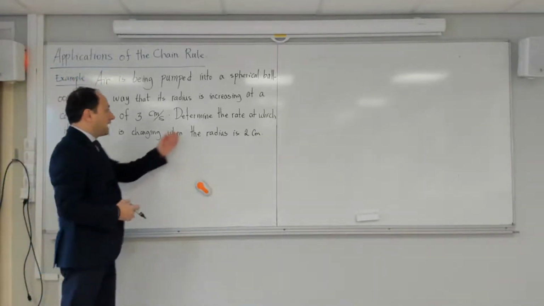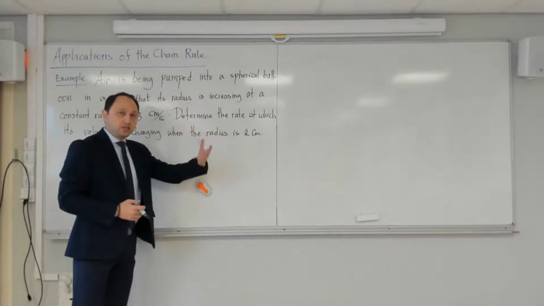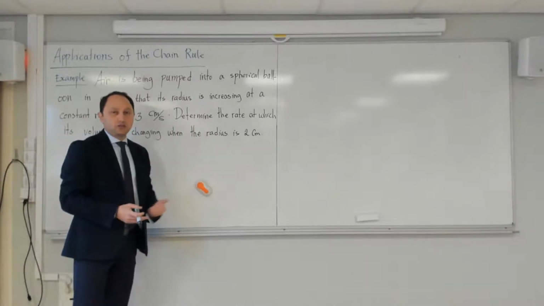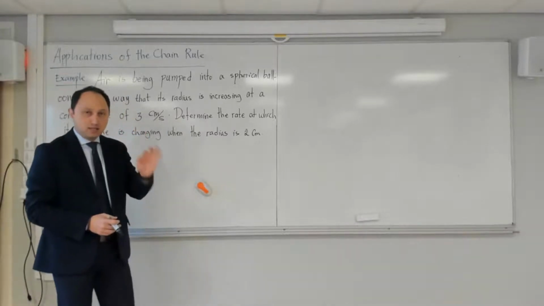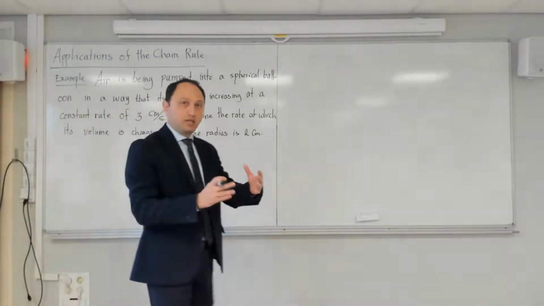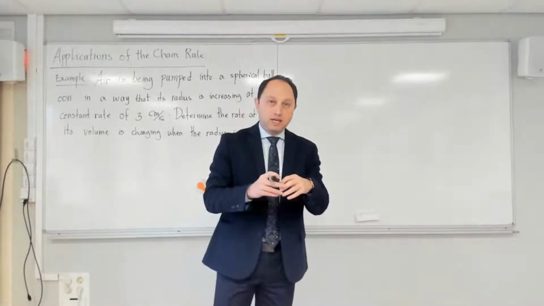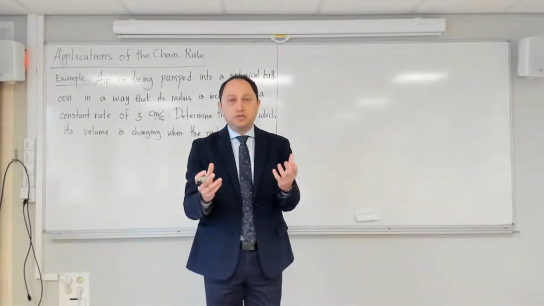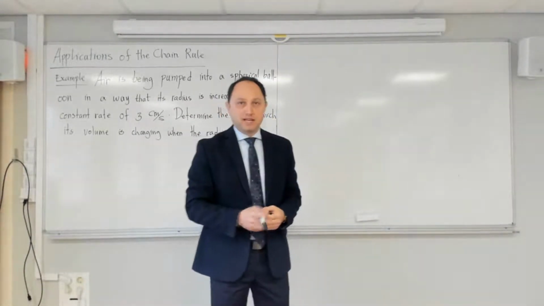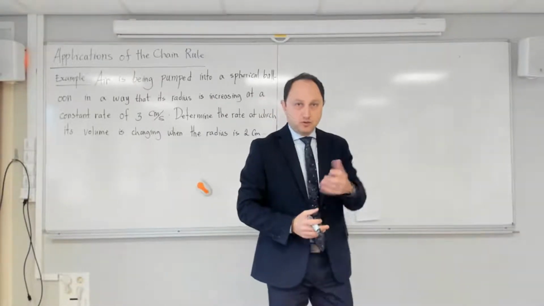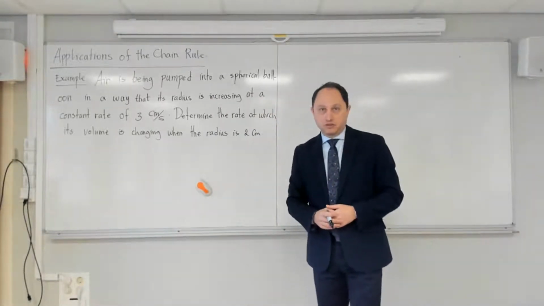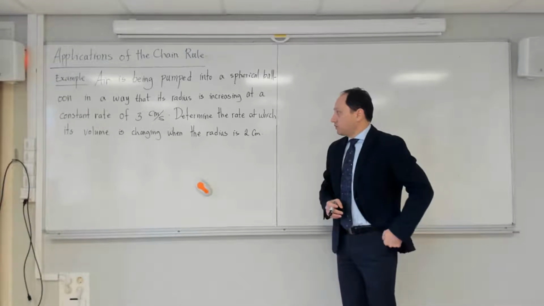There is no guarantee that the rate at which the volume is increasing is a constant. It depends at which instant of time you are looking at the balloon. The rate at which the volume is changing might be different at different instants. So we want to find that.